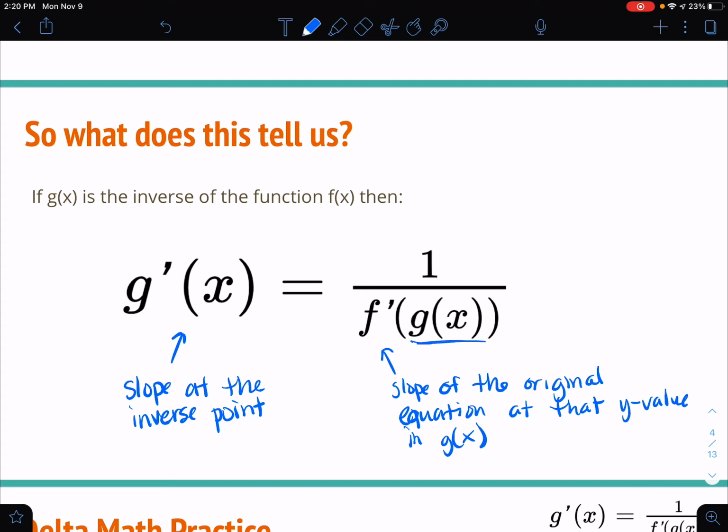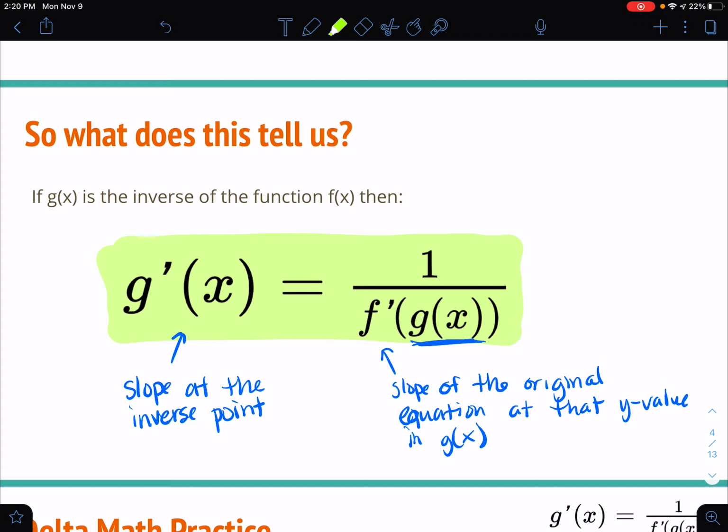So we want to take the y value at that point in g of x, plug it into f, and find the derivative. This formula is what we are going to carry through as our rule for when we find the derivatives of any inverse functions.